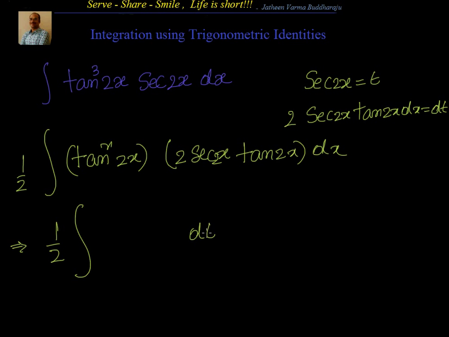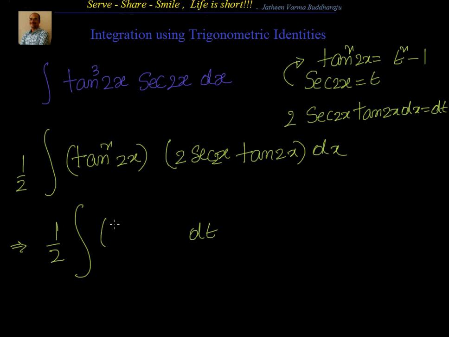What is 2 secant 2x tan 2x dx? Nothing but dt. And what is tan square 2x? If secant 2x is t, tan square 2x is equal to secant square 2x minus 1, or can I say t square minus 1, because we know the formula secant square theta minus tan square theta equal to 1, or tan square theta equal to secant square theta minus 1.